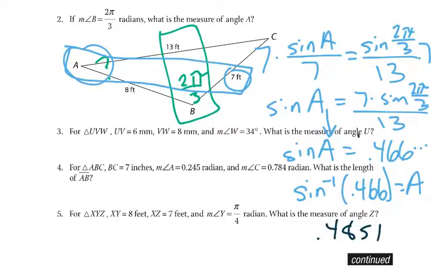Okay, so if we round it to 0.49, that means angle A is 0.49. Now, this isn't degrees. Remember, this is in radians. So it's hard for us to visualize that.